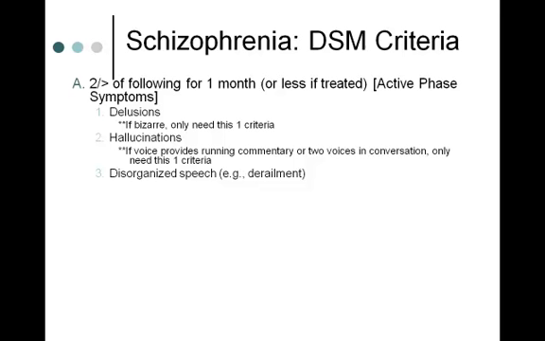Disorganized speech is another active phase symptom. Something like derailment. And really, the phenomenon isn't disorganized speech. It's disorganized thought that's central here, but we can't see the thought, so the symptom is the behavioral manifestation of disorganized thought, which is disorganized speech. Thinking about loose associations.